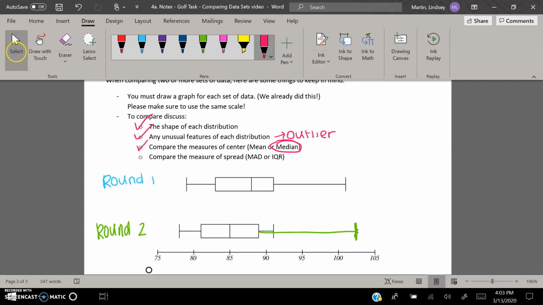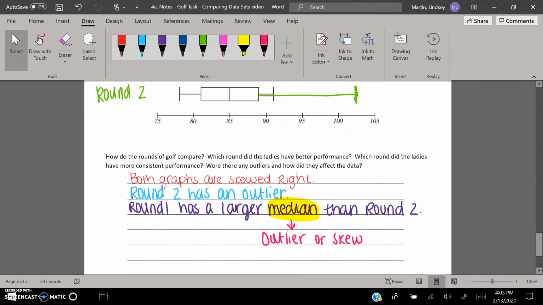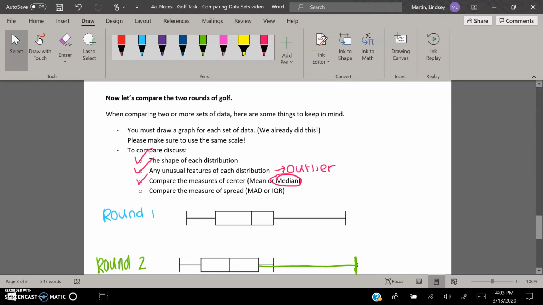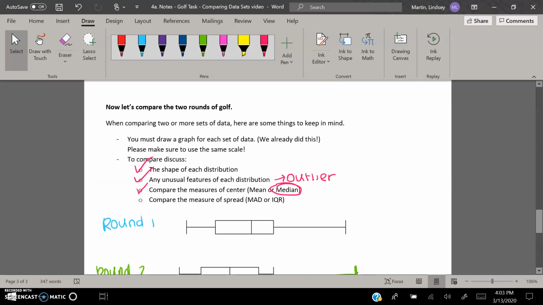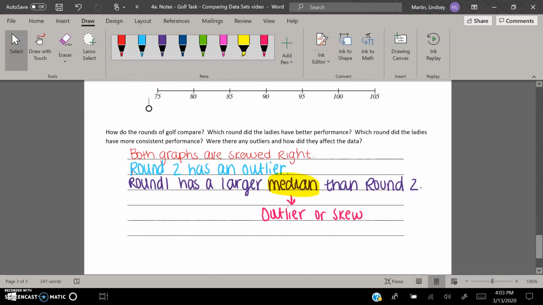And now we need to compare the measure of spread. So if we go back up here, our measure of spread for round 1, if you look back at your first page, our MAD for round 1 was 4.73, and our MAD for round 2 was 4.86. So they're very close together considering spread.